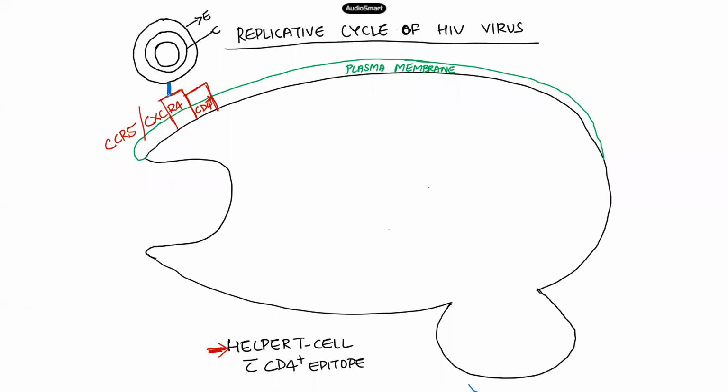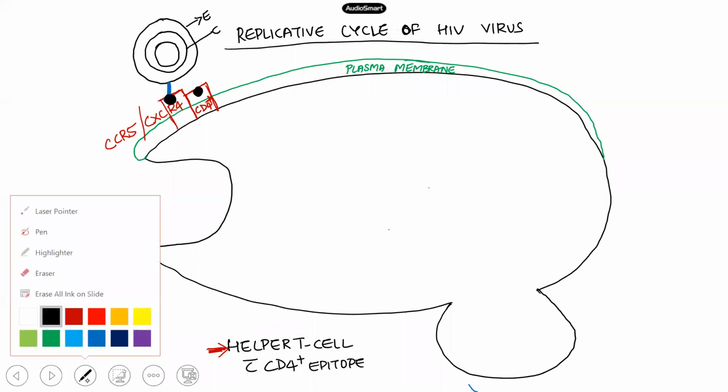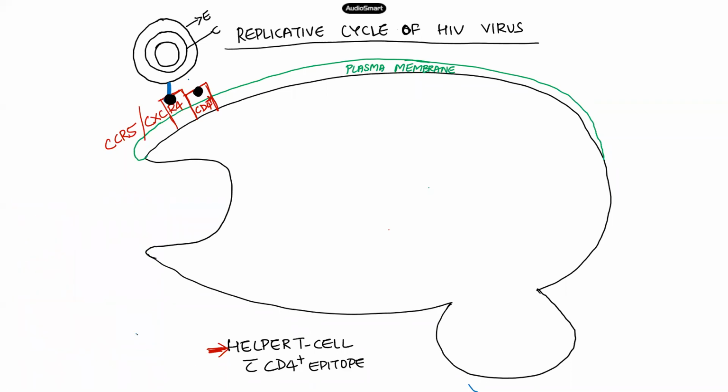now this is the transmembrane stalk, which is the glycoprotein 41, and this is your GP120. So as you can see, the GP120 and the GP41 are responsible for the fusion of these glycoproteins with the cell surface receptors of the host cell, right?